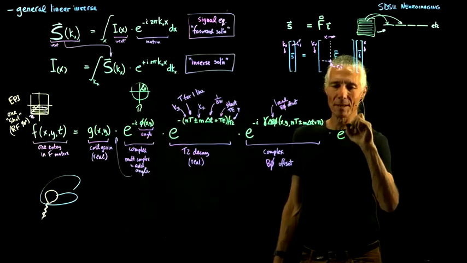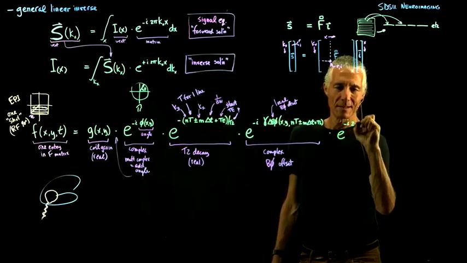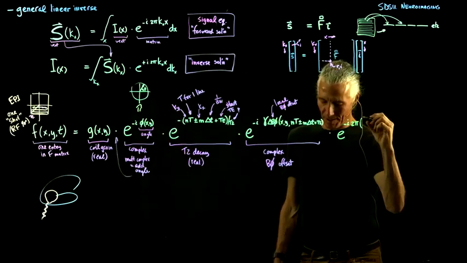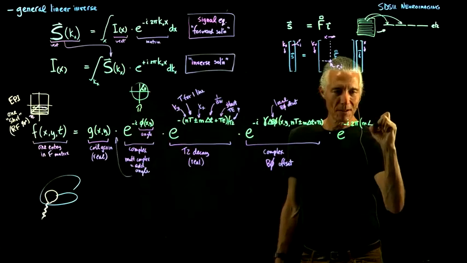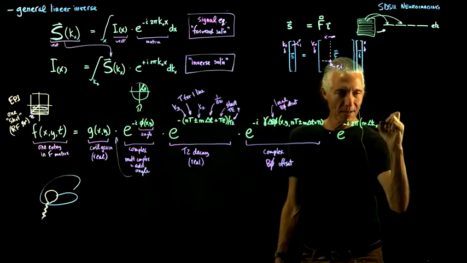So this would be e to the minus i 2 pi, and times all this other stuff, delta kx times x.